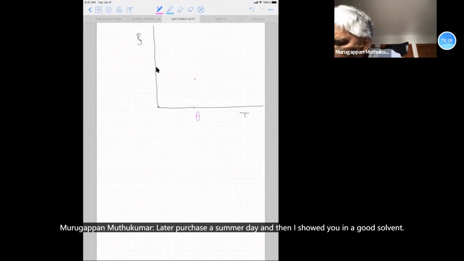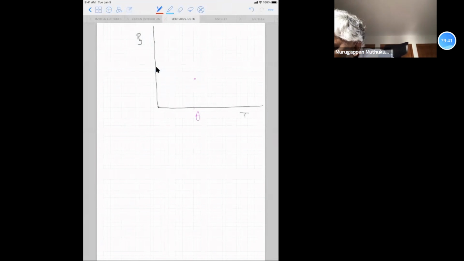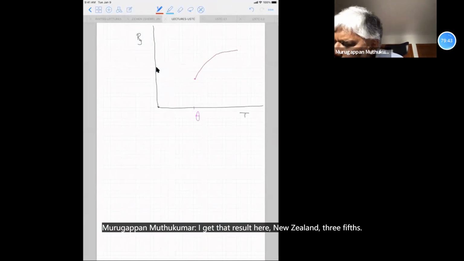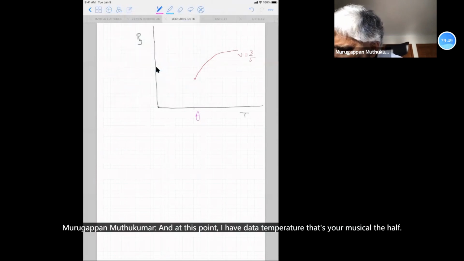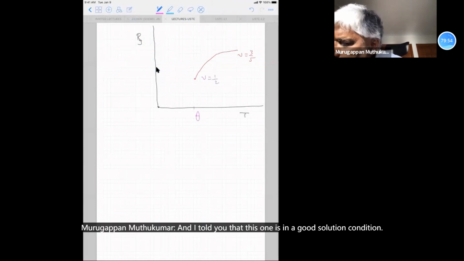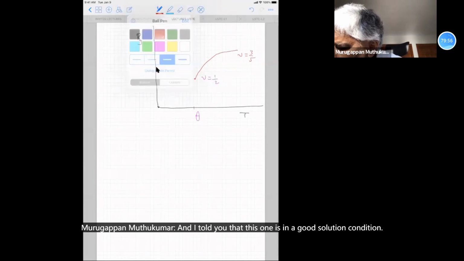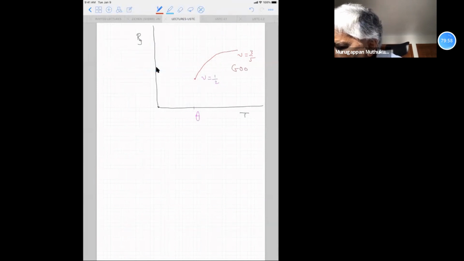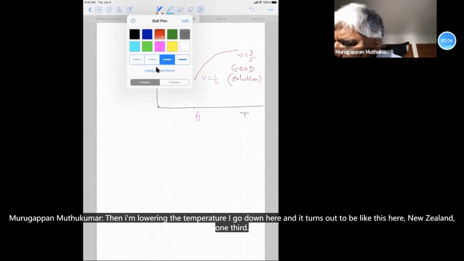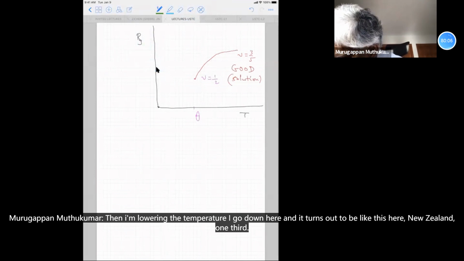And then I showed you in a good solvent, I get that result. Here, nu is equal to 3/5. And at the theta temperature, nu is equal to half. I told you that this one is in a good solution condition. Then I'm lowering the temperature, I go down here, and it turns out to be like this.